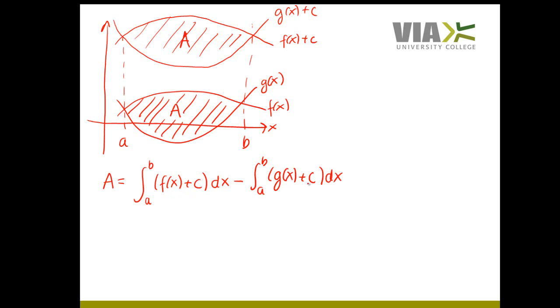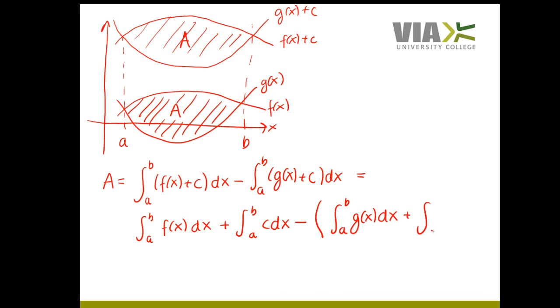As we have learned, we can split up the two integrals, so it will look like the definite integral from a to b of f(x) dx plus c dx, subtracted with, and then we split up also this integral from a to b of g(x) dx and c dx.